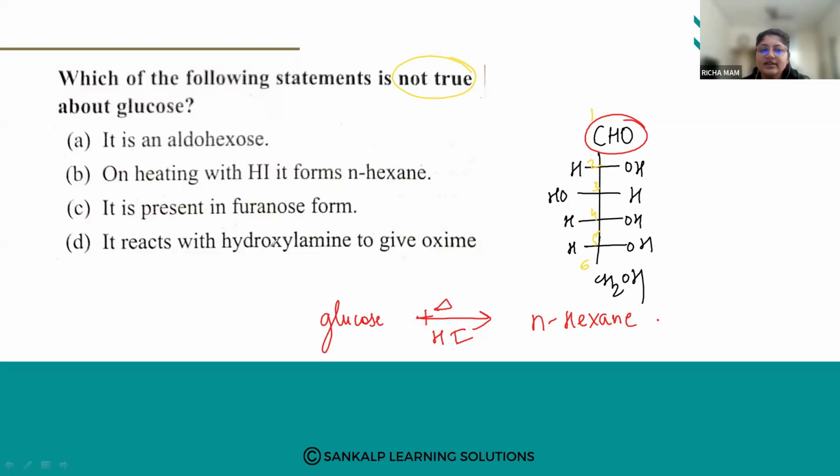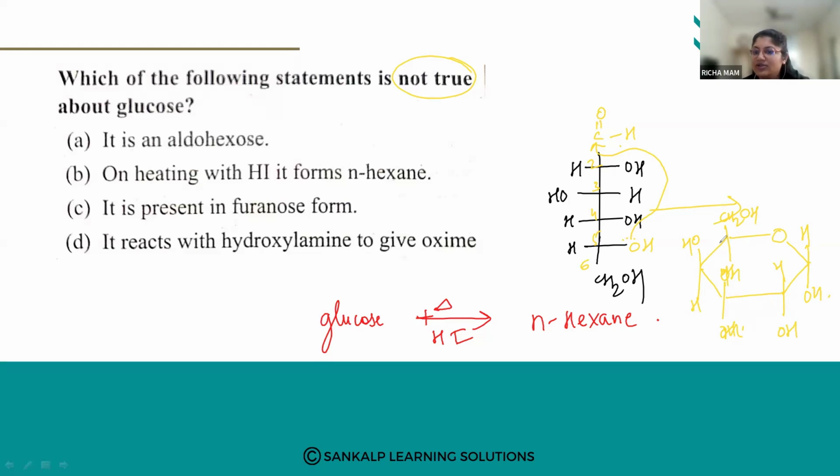Option C says that it is present in furanose structure. But when you try to convert it into the ring form, how many membered ring is it? Drawing CH2OH and the H-OH groups like this, this is not a furan.